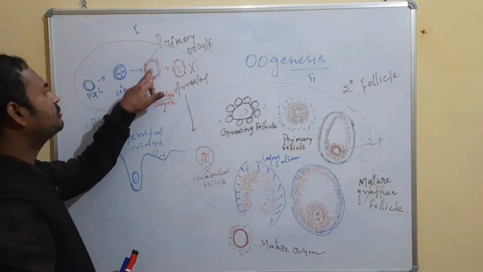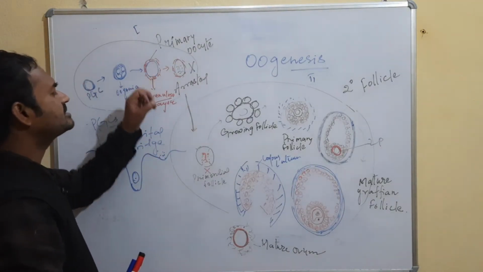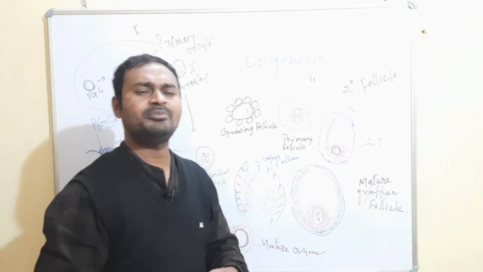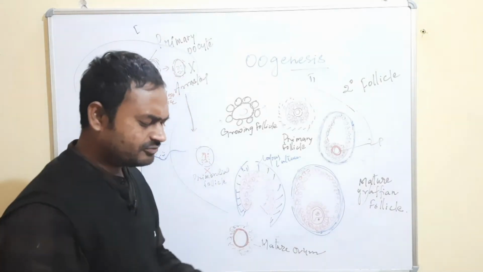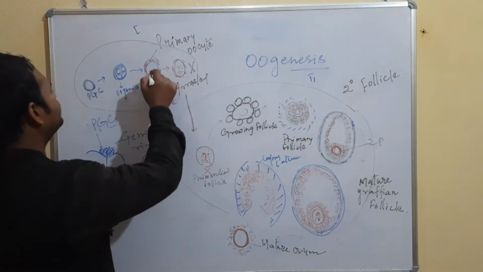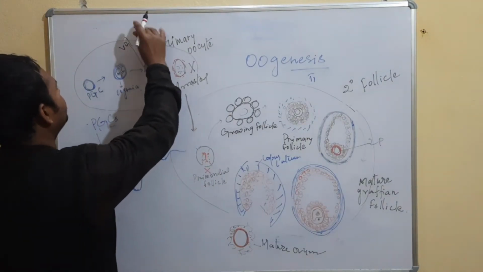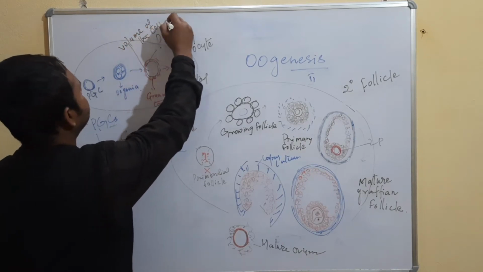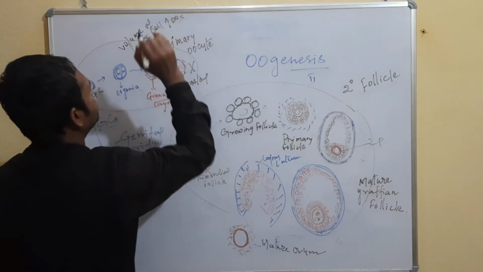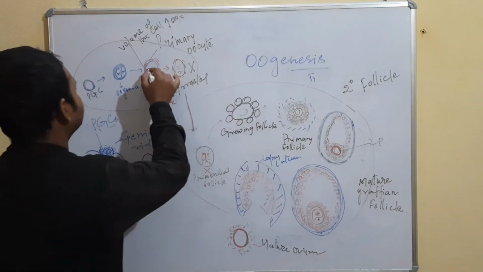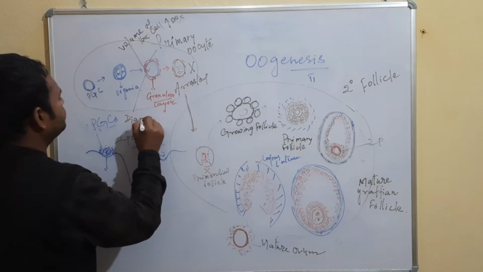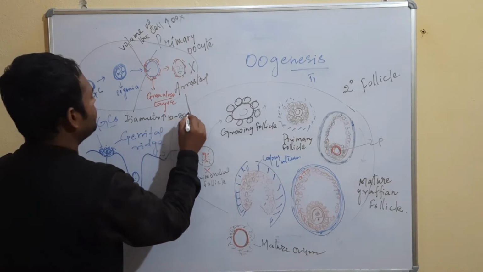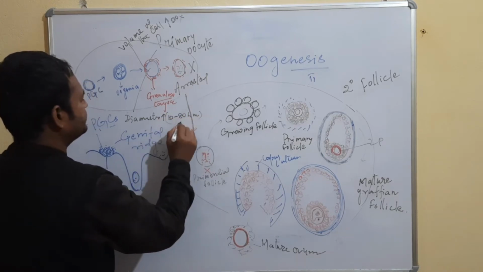Now this granulosa layer will expand, the cells will start to expand, and it is estimated that the volume of this cell increases 500 times, and the diameter of this cell increases from 10 to 80 micrometers in size.